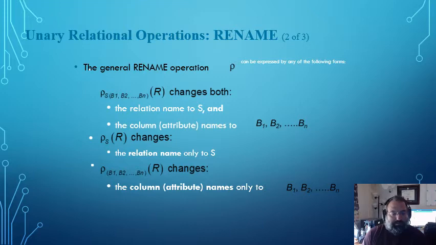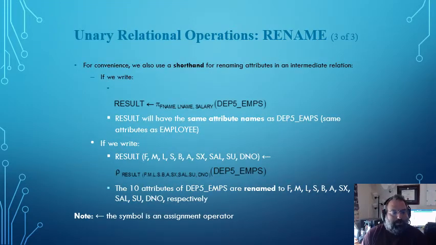For convenience, we also use a shorthand for renaming attributes in an intermediate relation. If we write result takes on first name, last name, salary from dep5, the result will have the same attribute names as dep5, the same attributes as employee.